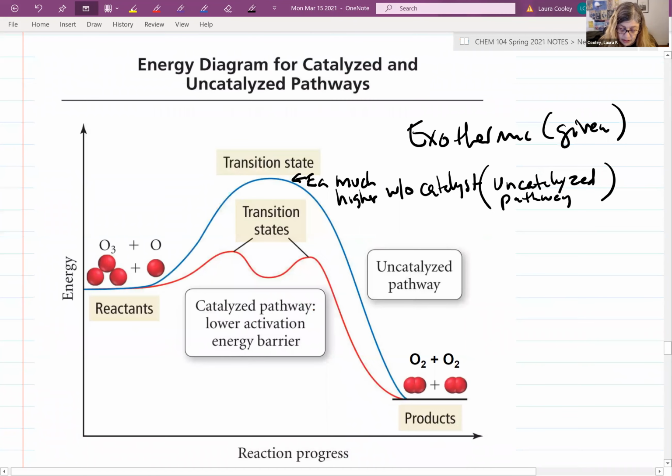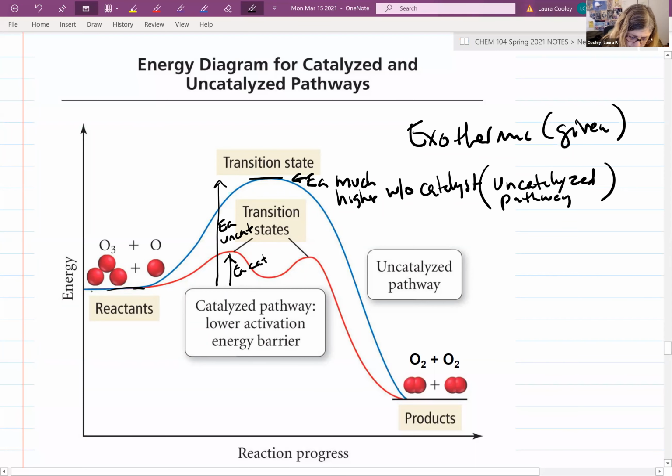It has a higher activation energy. So now the activation energy has come down. It's come down from here. This would be the before, and this is what it is after. This is the EA uncatalyzed, and this is the EA catalyzed. Okay. And what is this little valley in here? What do you think we should put in there?